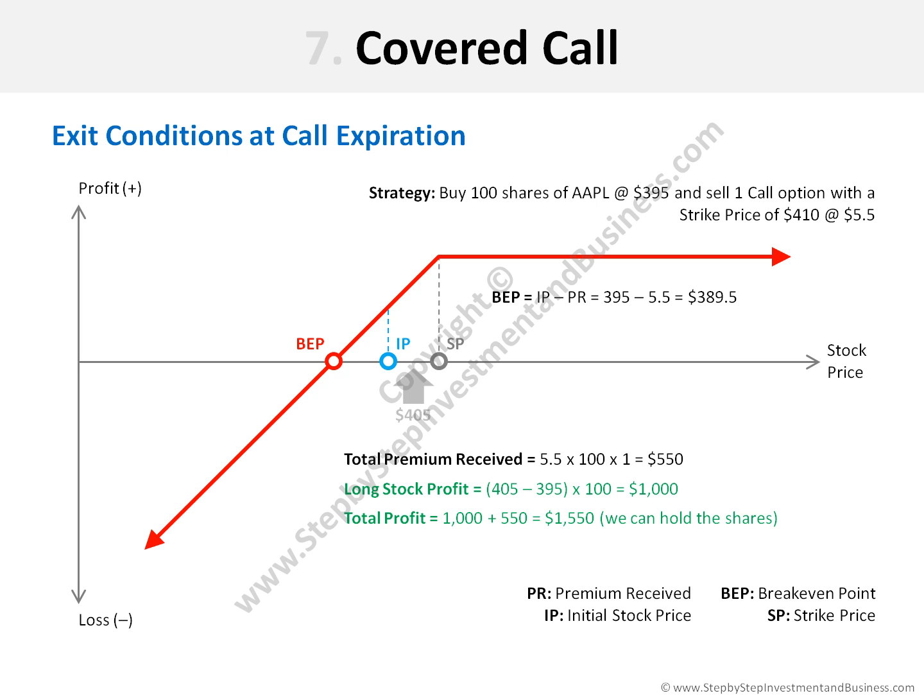But in this case, as the price of $405 is higher than the initial price, we will be making money from the long stock position. In this case, we will be making $1,000. Therefore, we will be making a profit of $1,550 with this strategy, $1,000 for holding the shares, and $550 for selling the call.